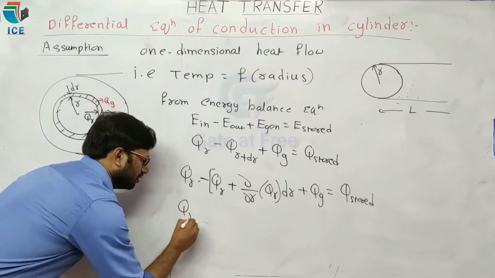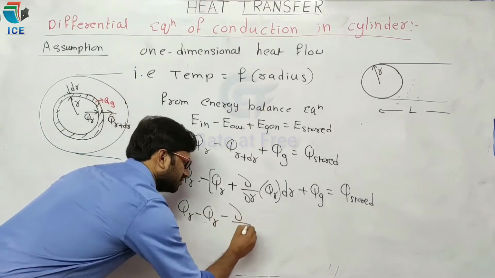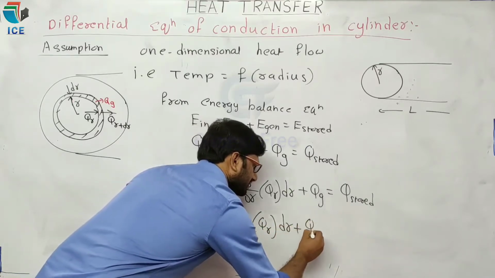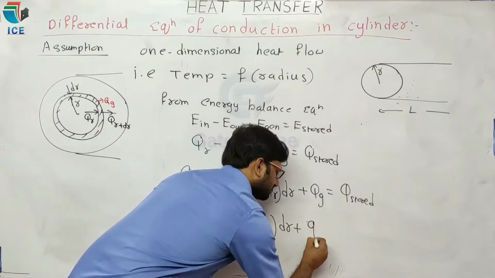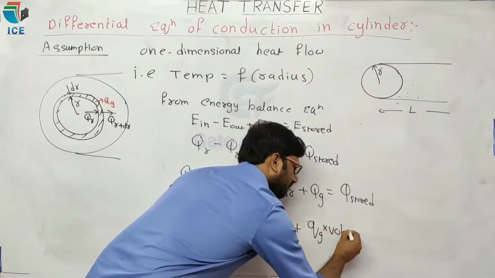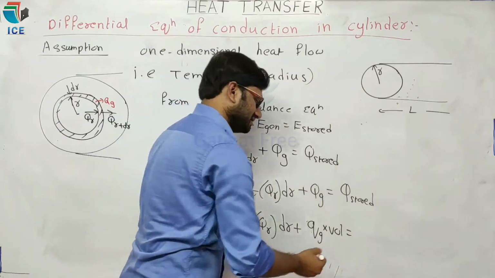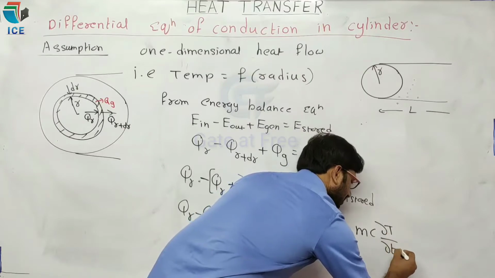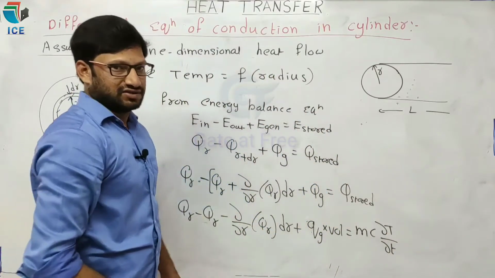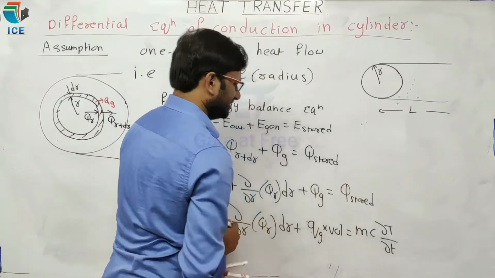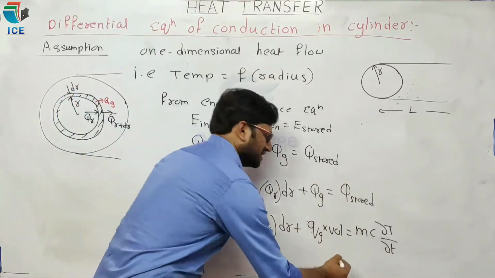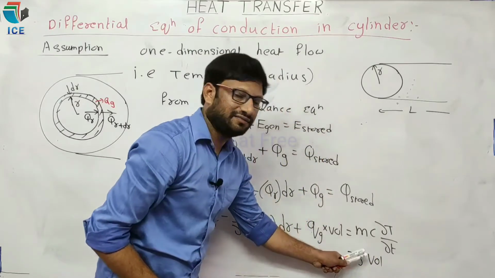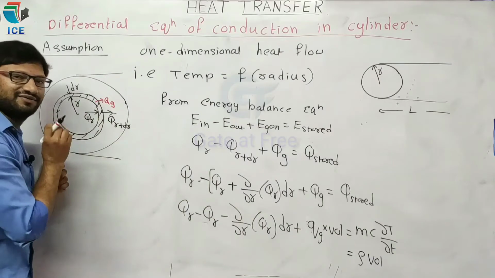Here, Qg can be written as small qg into volume, and heat stored can be written as mc dou T by dou t. We already saw this while solving the differential equation in Cartesian coordinates. The mass can be written as density into volume, the volume of the small cylindrical ring.